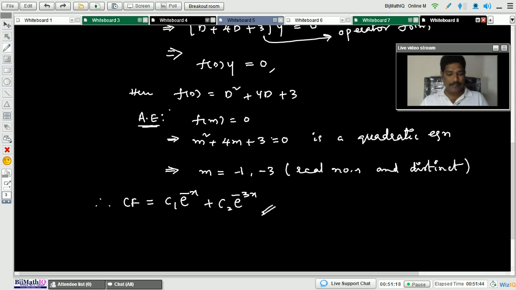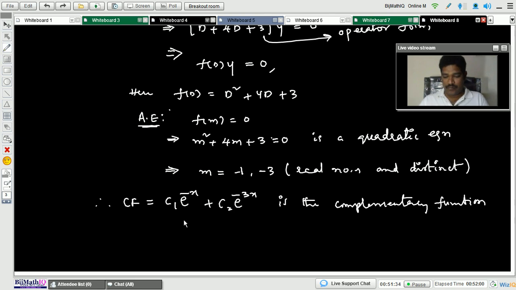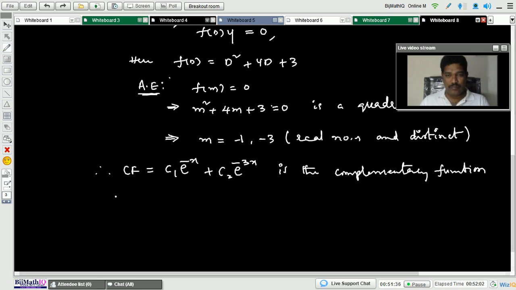This is our required complementary function, and it is also called the general solution.